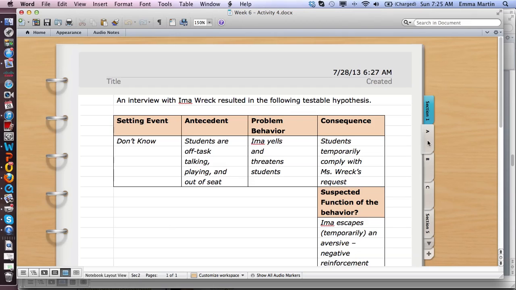Students would then begin again in terms of this cycle. They would become off task, talking, playing, out of seat. She would again yell and threaten. They would quiet down for a few seconds or minutes, and she'd escape that aversive.